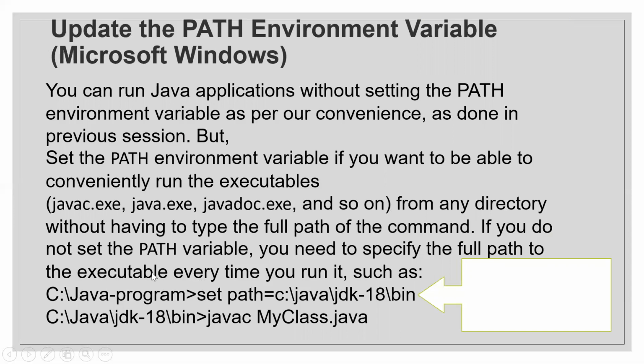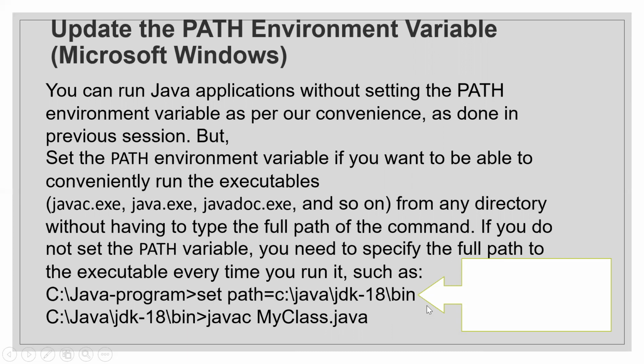If you don't set the path variable, you need to specify the full path to the executable every time you run it. For example, we go into the folder where we had saved all the Java programs, and then we set path equals to the drive name where you stored your JDK, colon, then the folder, then your JDK path, then the bin path, and after that it will get the location of Java.